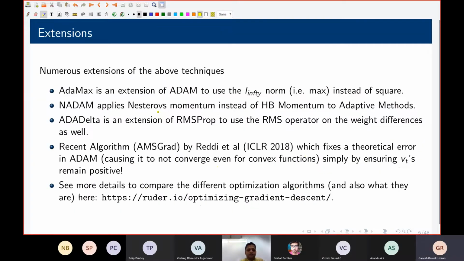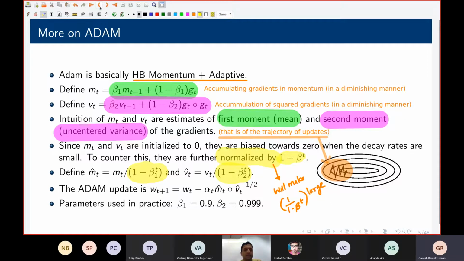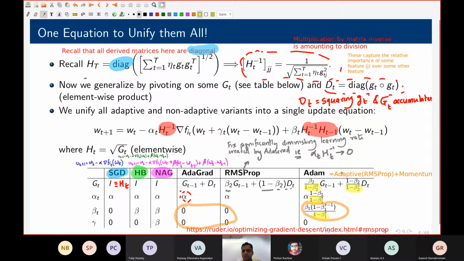In fact, it has come up. There are many extensions of the above techniques. AdaMax is an extension of Adam that uses the infinity norm instead of the squared norm. We used the squared norm here, g_t times g_t, g_tj squared, which was an outer product.